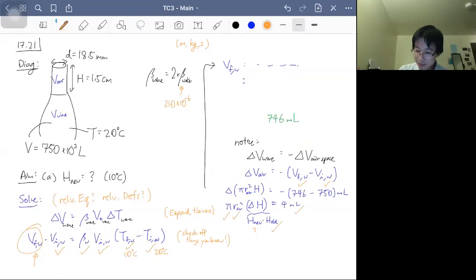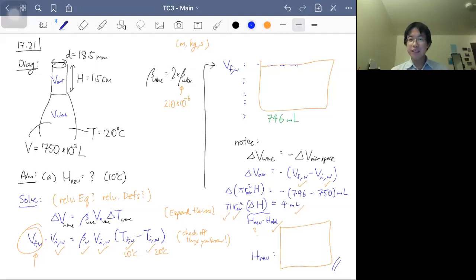See if you can fill in the blanks, fill in this part of the blank, and go forward and see if you can find h new as well. So fill in the rest of this part. For those who know what to do, go ahead. For those who don't, ask questions, ask away.